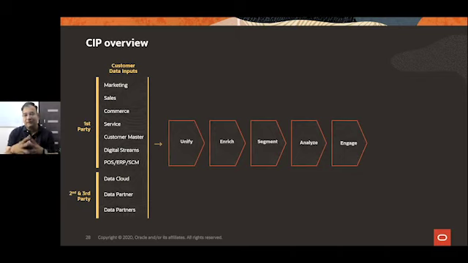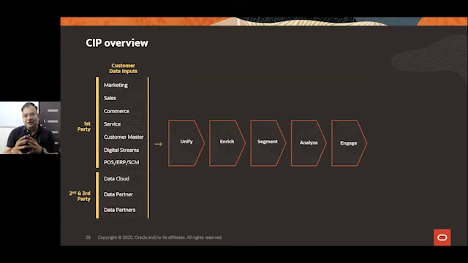We bring it together, unify it, and do the ID resolution so that we have a single record of a customer across the enterprise, and then enrich that data. So we also find out more about our customers: what they are doing, what they are buying, where they are going, what their interests are, what they are in market for, and so on.